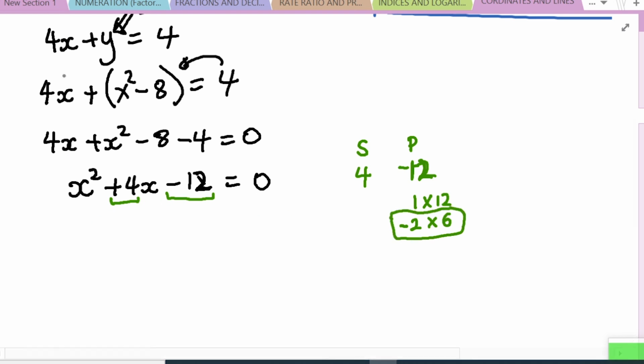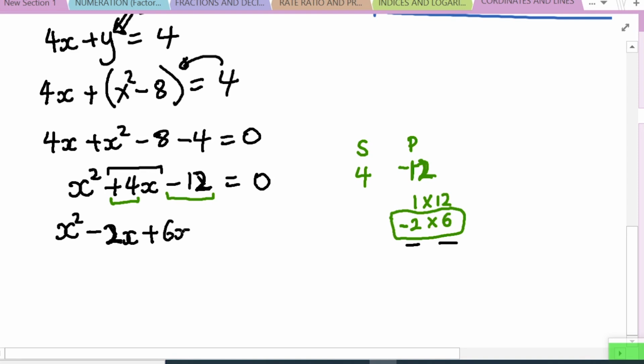So our next step becomes x squared, then the middle term is replaced by these two, so it becomes x squared minus 2x plus 6x. Then we come to minus 12 up here, gives us 0. Then from there we put these in brackets and we factorize them. What is the common term here?